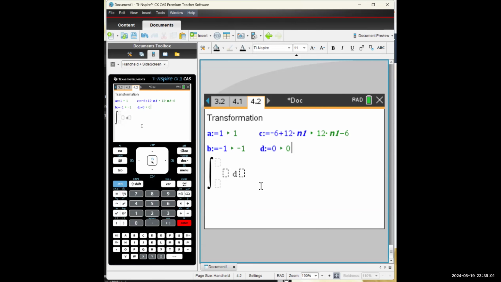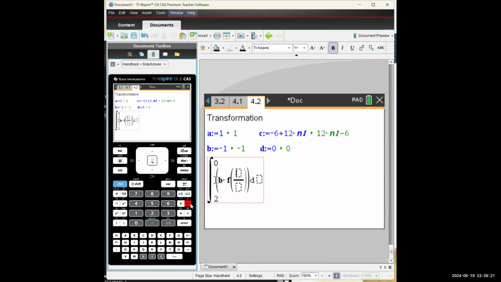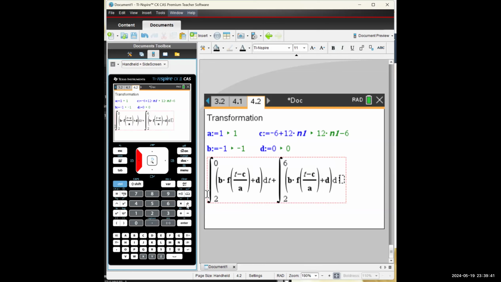So the transformation overall we applied, from 2 to 0, is a transformation applied to function f of t. So let's say b times f of (t minus c) divided by a, add d, dt, plus 2 to 6 of b times f of (t minus c) divided by a, add d, dt.